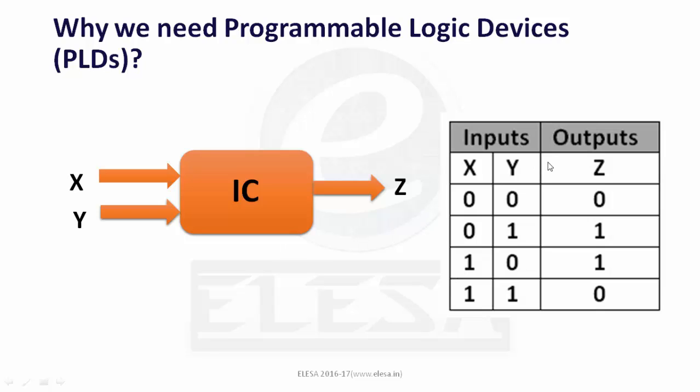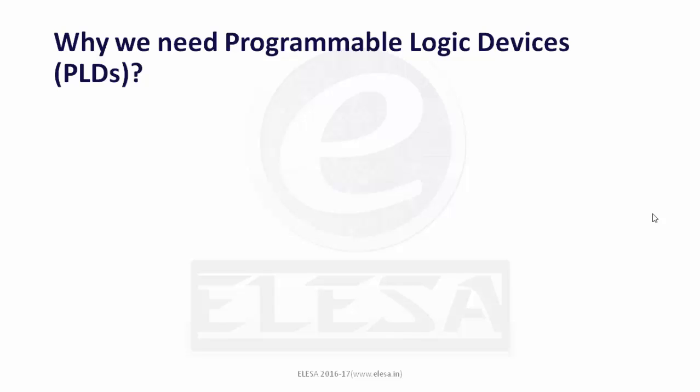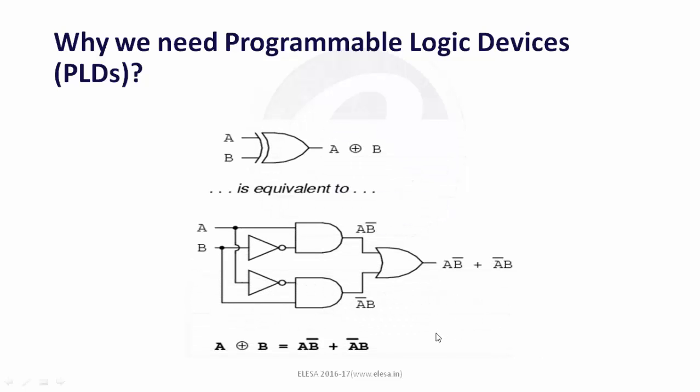Once I know the truth table, using the K-map, I can now write its function in terms of an expression, that is A into B bar plus A bar into B. So this is the logical expression on which my IC works. From this I can understand that this IC may contain two AND gates, one OR gate, and two NOT gates arranged in this fashion.